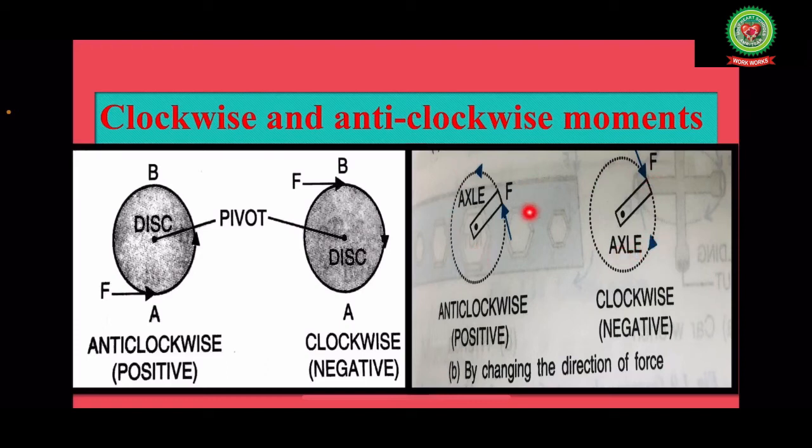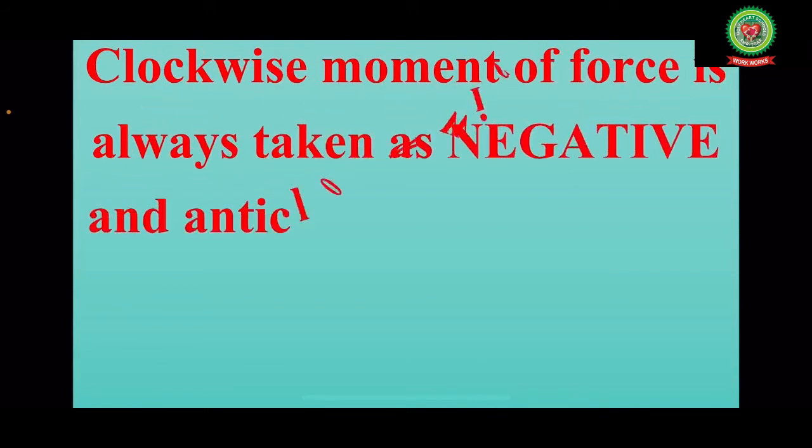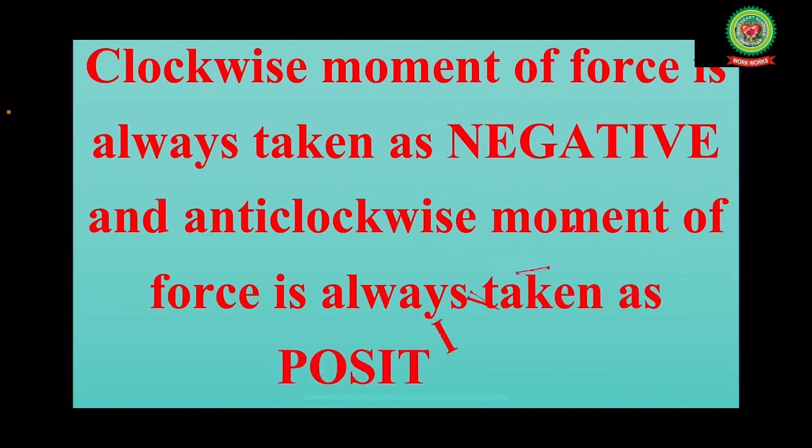So the direction of application of force also decides whether the body will turn anti-clockwise or clockwise. Now there is one very important point which we need to remember, that is clockwise moment of force is always taken as negative and anti-clockwise moment of force is always taken as positive.